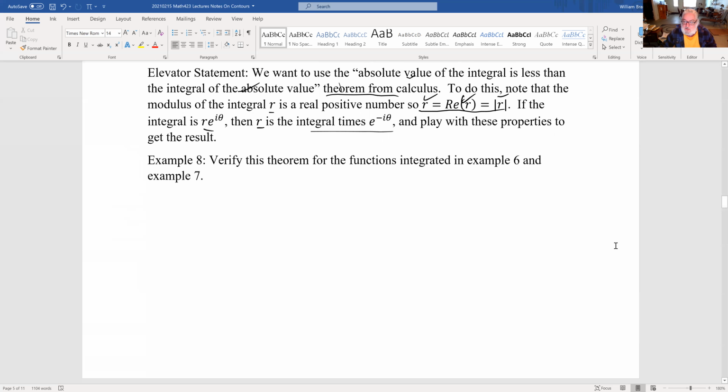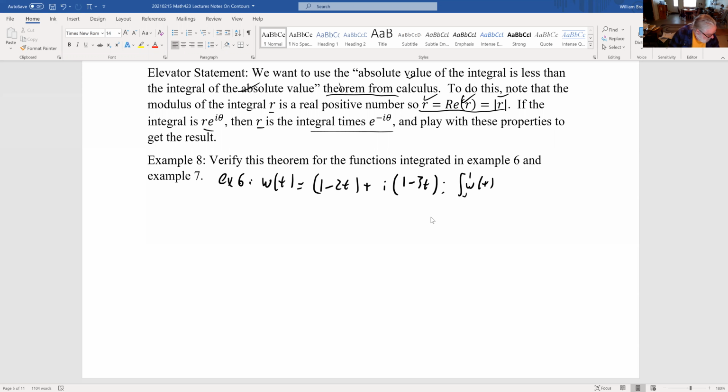So, for example 6, we had w of t equals 1 minus 2t plus i times (1 minus 3t), and we found that the integral of w of t from 0 to 1 was... oh shoot, what was it?